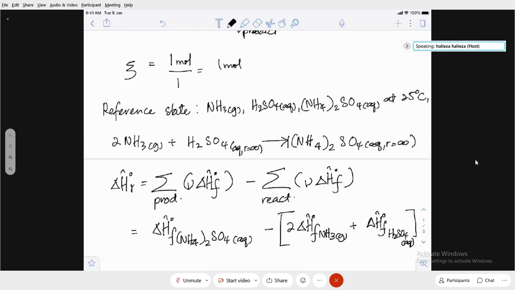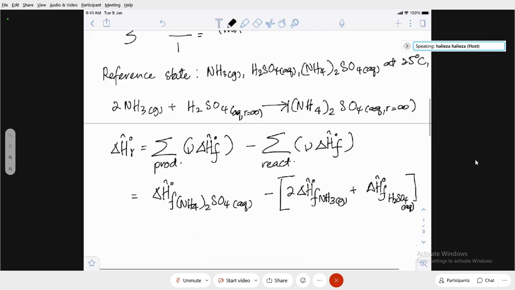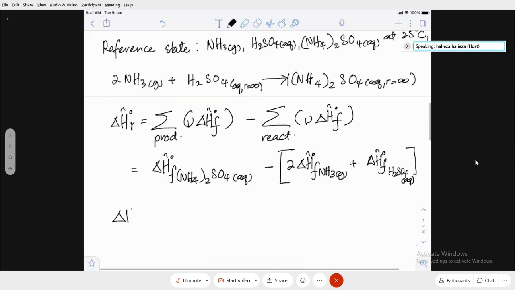So that you know, whenever you need, for example, the heat of formation of that solution, or for example NH4, I'm not sure whether you can get it directly. So let's do the sulfuric acid first, because we have the heat of mixing from appendix B11. So let's do the sulfuric acid, H2SO4 aqueous.